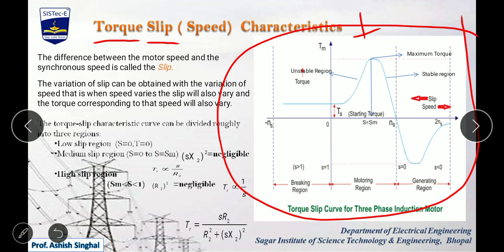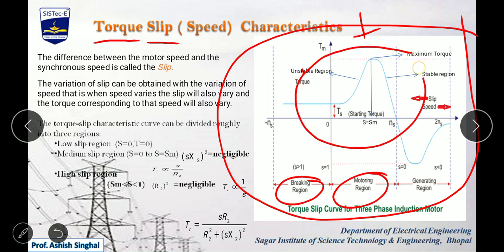There are three regions: braking region, motoring region, and generating region. But when I'm talking about the torque slip characteristic, we have to focus only on the motoring region.